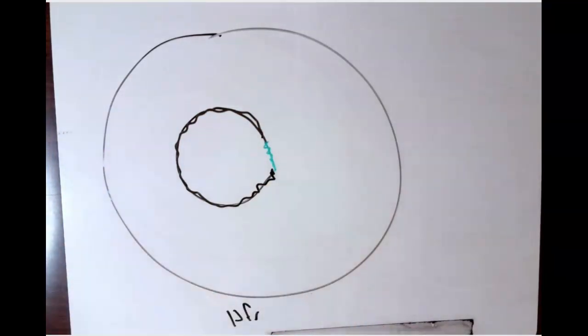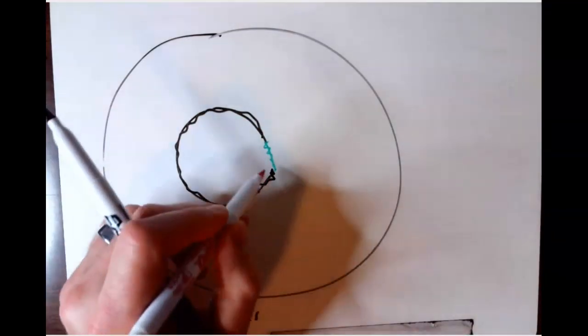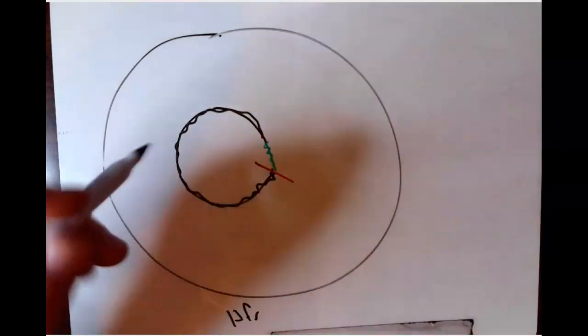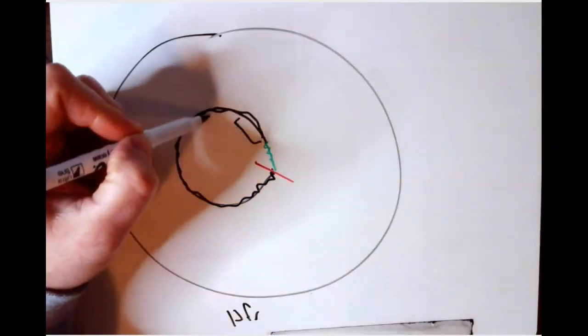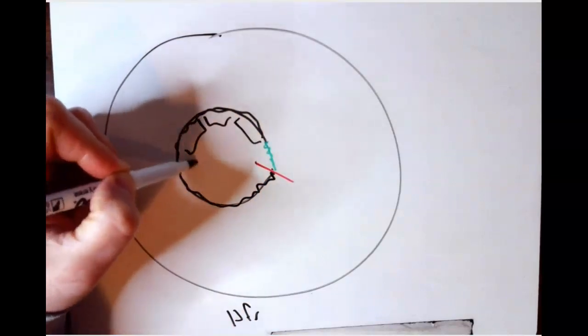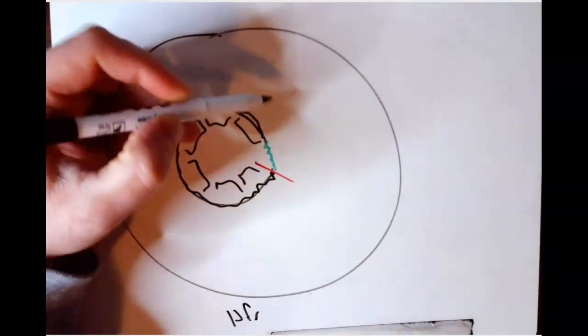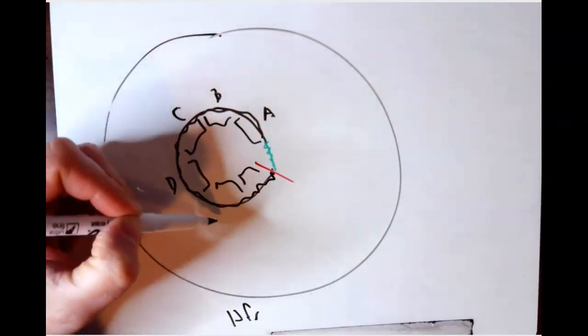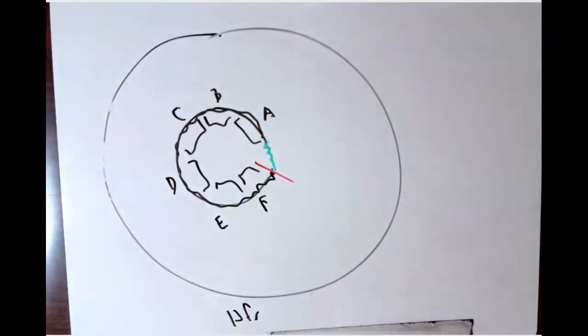And let's imagine that the Nic is going to be right here. And let's give these genes some letters, some regions, just like we did for the chromosomal rearrangement. So we're going to identify large regions of the chromosome by letter designation. So we'll call this region A, we'll call this region B, C, D, E, and F.